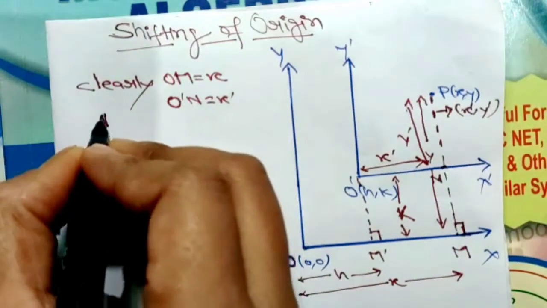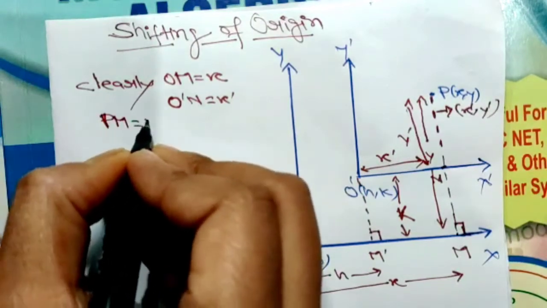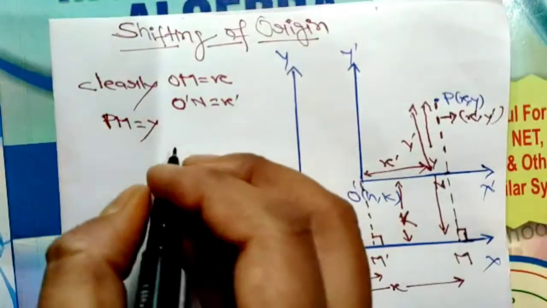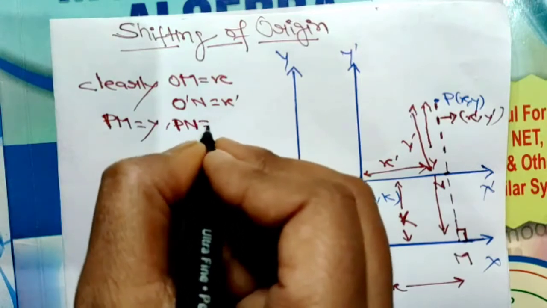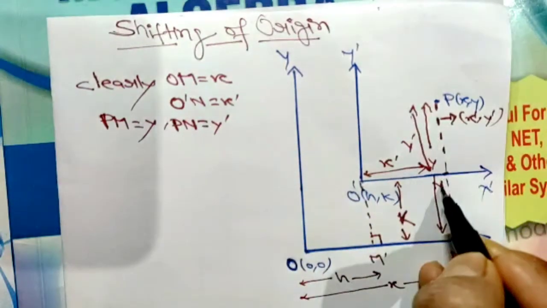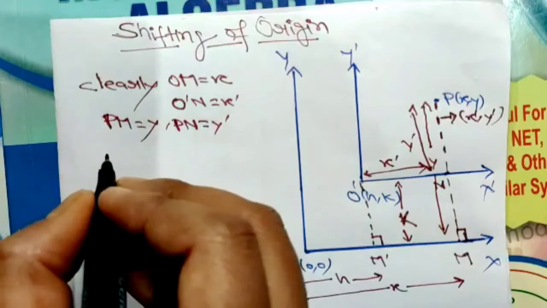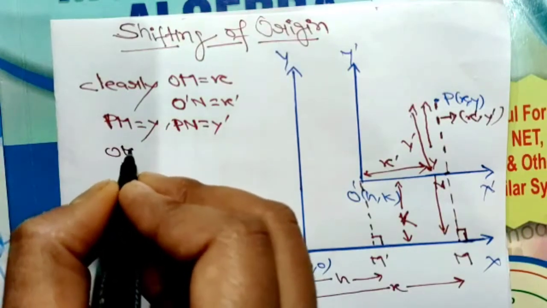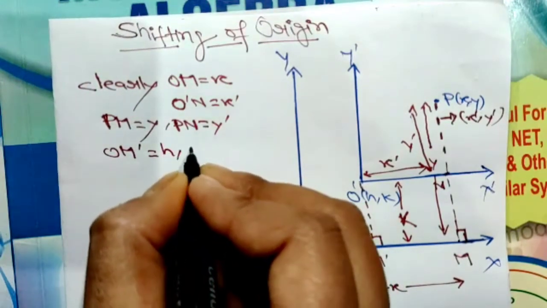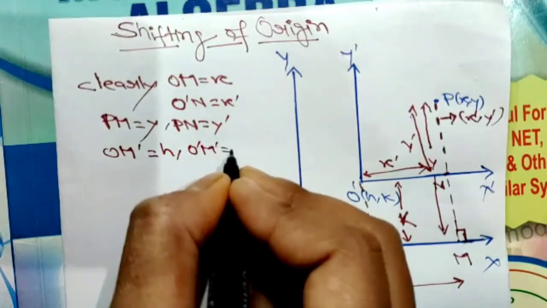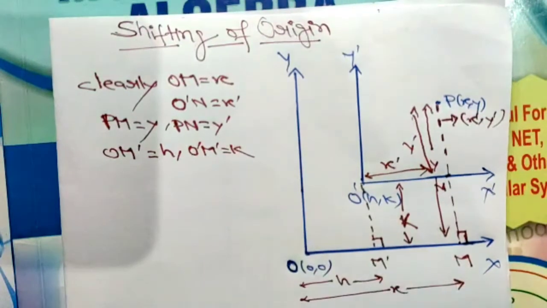PM is equal to y, PN is equal to y dash, and OM dash is equal to h, and O dash M dash is equal to k. I hope you don't find any difficulty in this section.